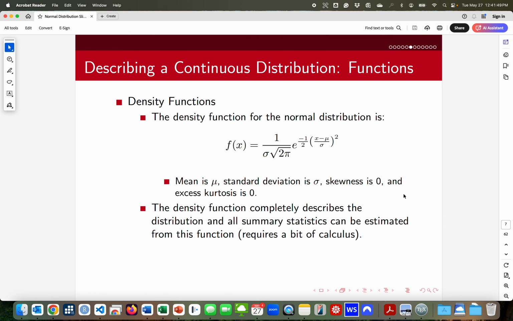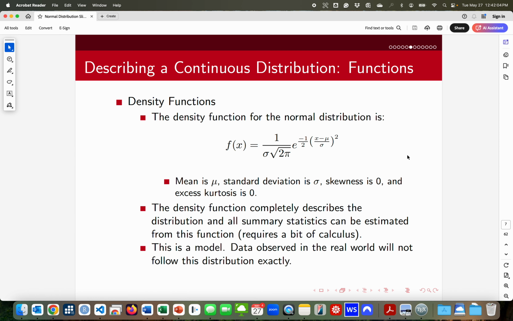Again, this is a complete picture of that distribution, but it does take a little bit of calculus to actually understand, to work with the density functions. And it's also important to understand that this is a model. This is theoretical. So we often say, oh, this is normally distributed. Test scores are normally distributed. Height is normally distributed.